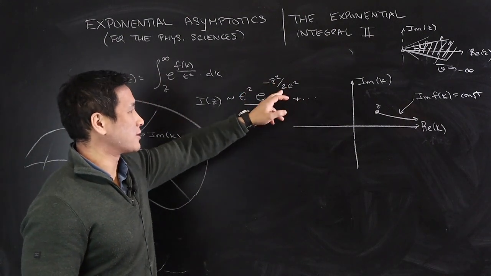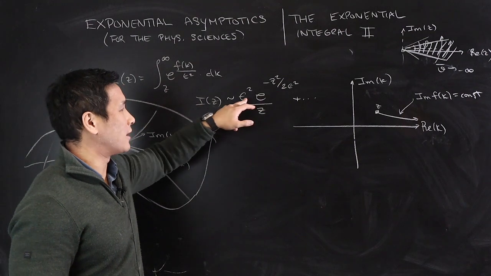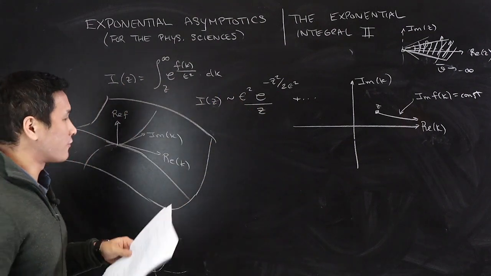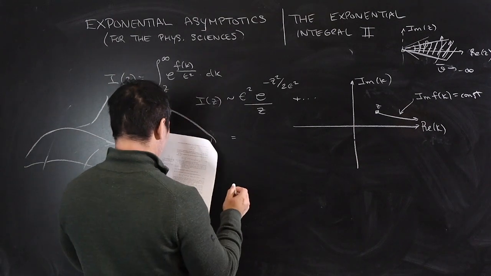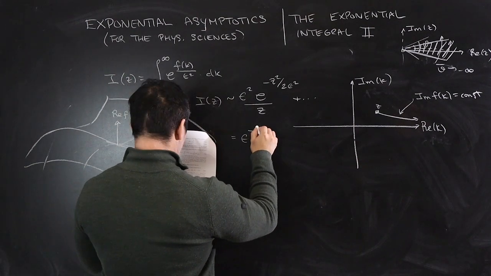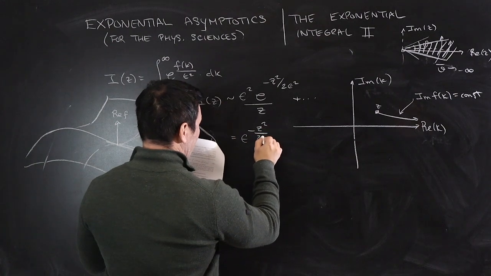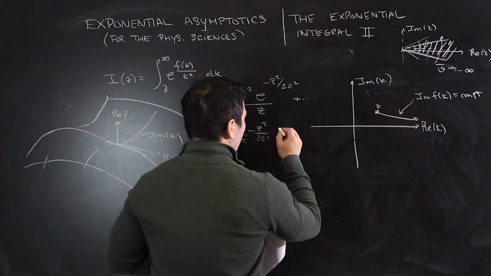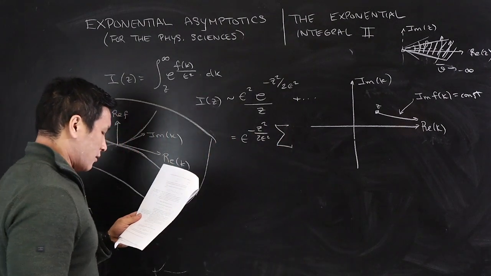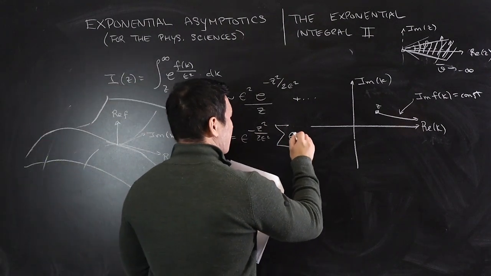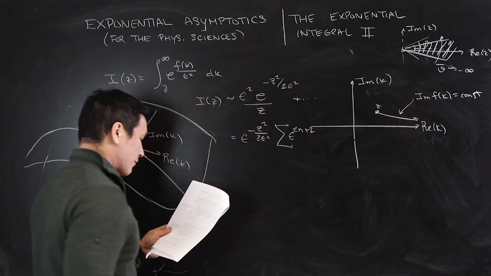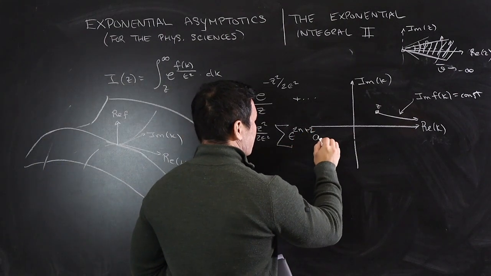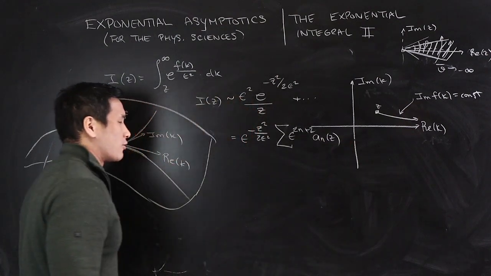Every subsequent term is always going to have that exponential on top of it, and then it's going to be an algebraic expansion in powers of epsilon. If you like, you can refer to the notes for the full expansion, but it looks something like this: e to the minus z squared over 2 epsilon squared, and then a power series in even powers of epsilon, times some a_n of z, but I won't put in the details.